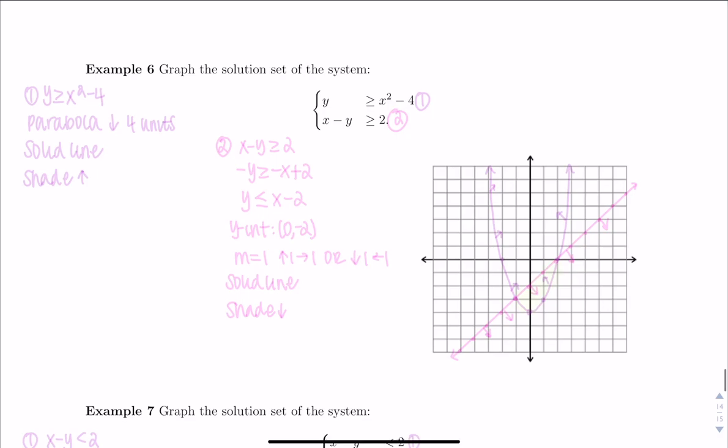So first things first, we're going to label our equation. So equation 1, we have y is greater than or equal to x squared minus 4. And so this is a parabola that's been shifted 4 units down. It will be solid, and we will shade above.